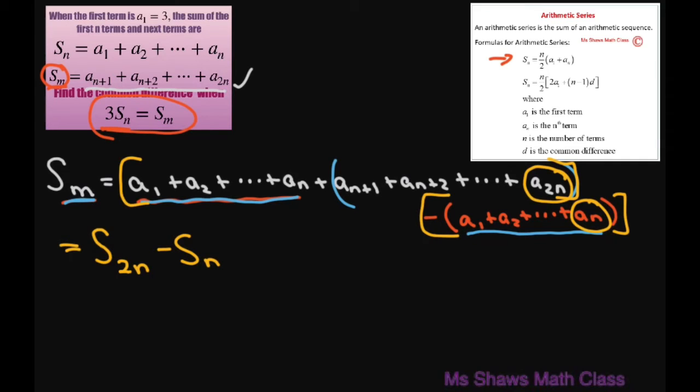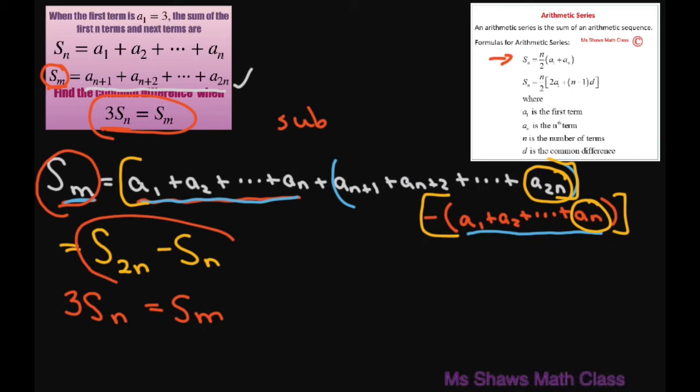We have 3s sub n. I'm saying sub for subscript. Okay, that equals s sub m. But s sub m equals this. So let's write that equals s sub 2n minus s sub n.